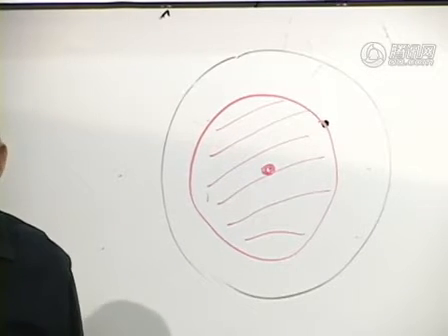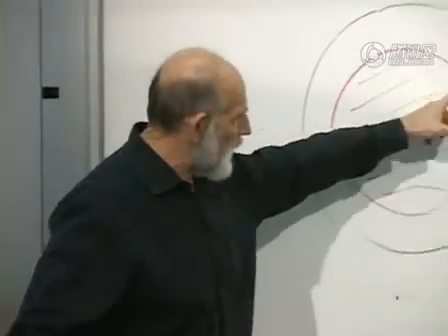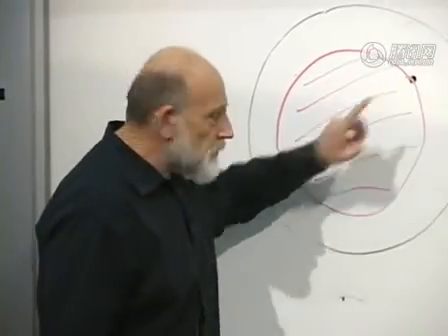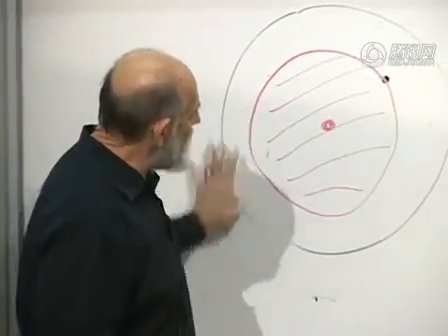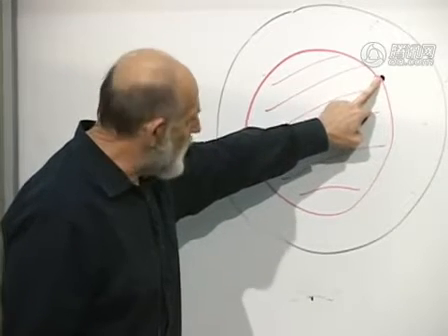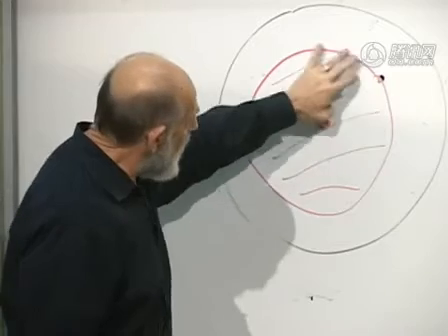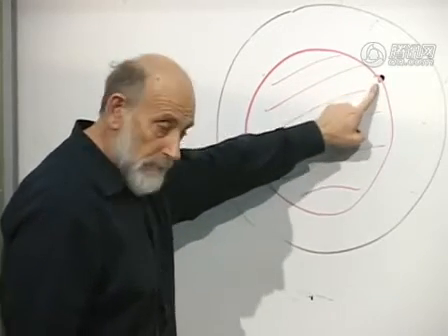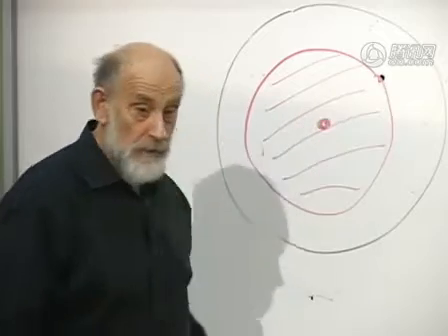Newton's theorem says that it does not contribute to the force on a particle. In other words, all the masses at a distance larger than the particle cancel out when they contribute to the force on that particle. Only the masses on the interior, closer than the particle, contribute to the force. It's a remarkable theorem.